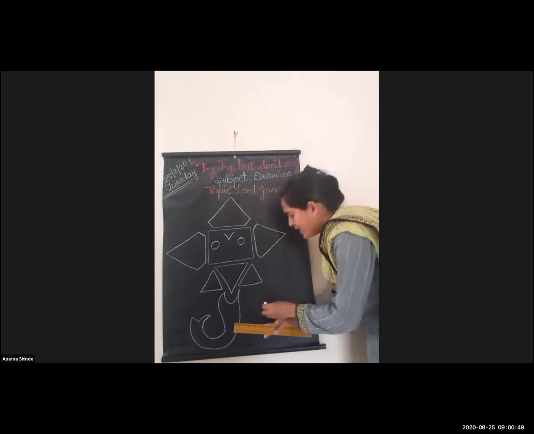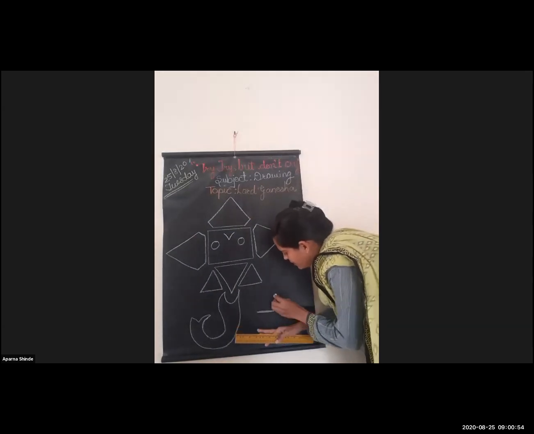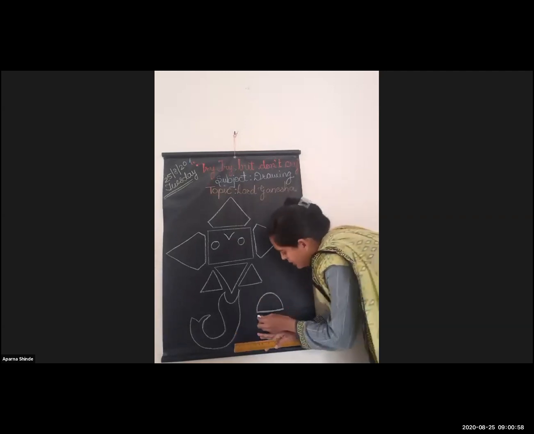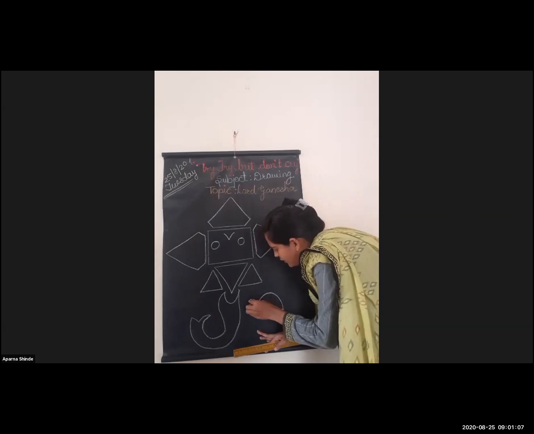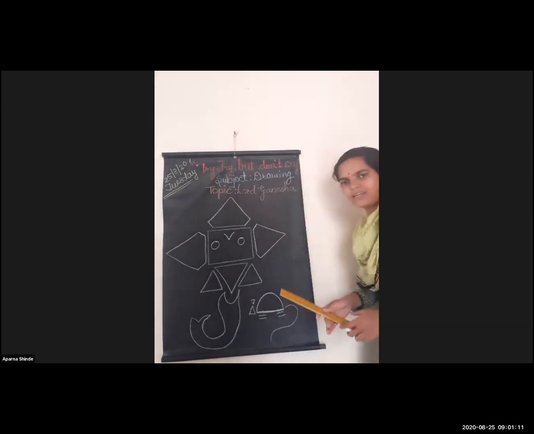Okay. Now we will draw here his friend. See, draw the semicircle and one line. Draw here two sweeping lines and draw here one triangle. Draw here one more triangle and give it tail.